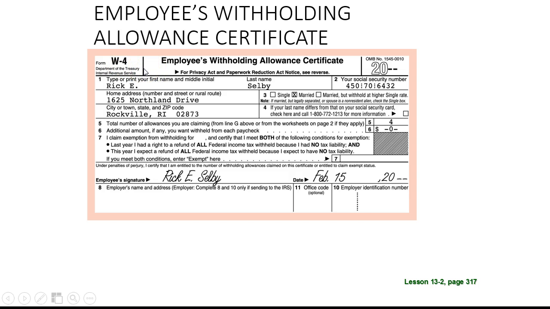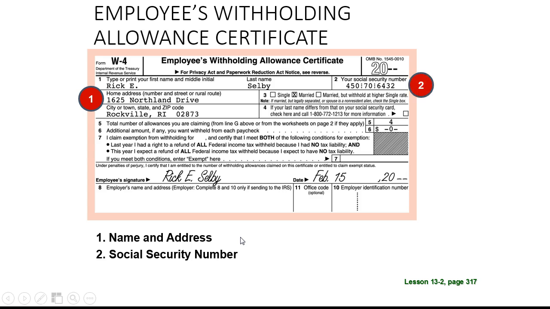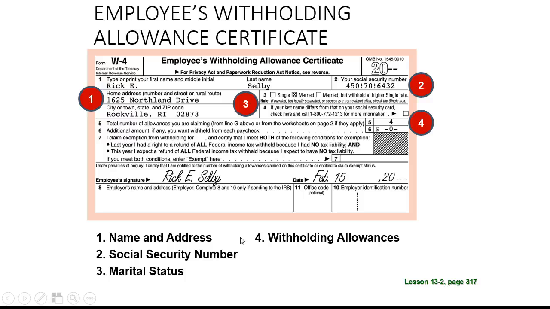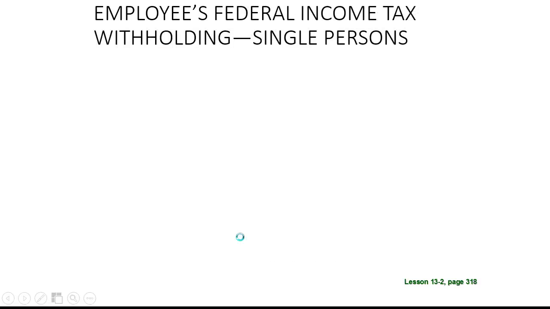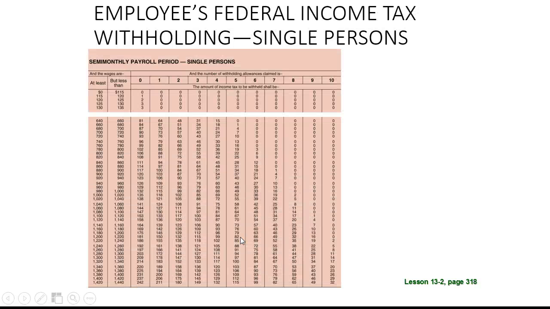You cannot have a legitimate job and get paid without having a W-4 on file with the employer. So this goes over how to fill this out. Again, probably most of you have had jobs before, and if not, you'll probably have one soon and fill one of those out. You'll know what I'm talking about.